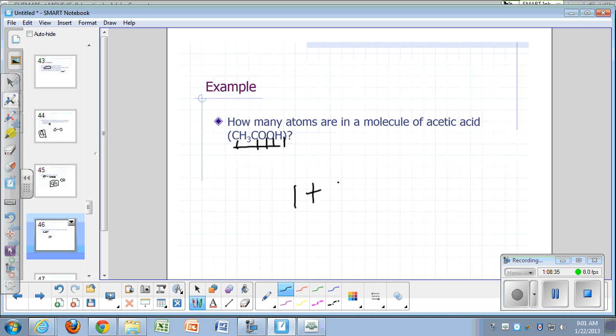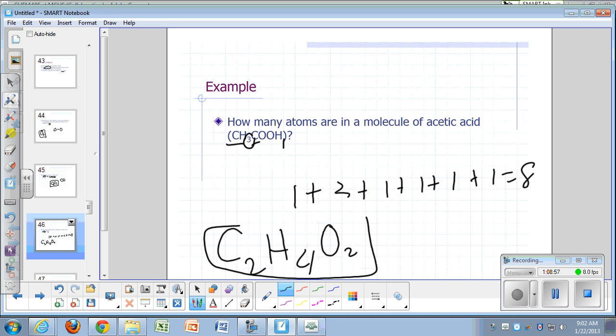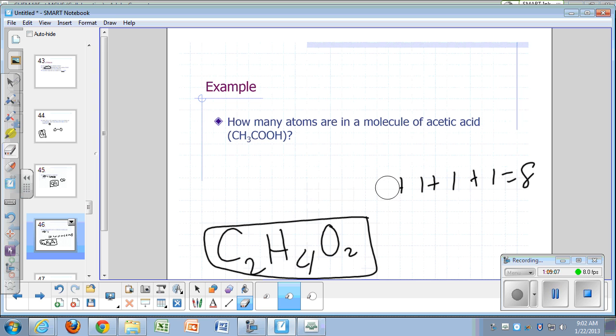So 1 plus 3 plus 1 plus 1 plus 1 plus 1 is 8. Of those, 2 are carbons, and 4 hydrogens, that's 3 and 1, and 2 oxygens. So you could have written the formula for the acetic acid molecule as C2H4O2. As we shall see later, there are reasons why it's written this way, and it has to do with how the atoms are connected in the molecule.